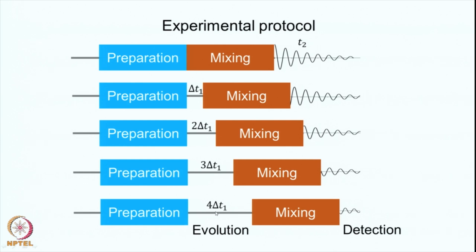Typically how many you collect depends on the spectral resolution you want in your spectrum. In the T2 period, in a 1D spectrum you collect something like 2048 points or 4096 or 8192, which is easy because this goes on for a short period of time, about a few hundred milliseconds. So, in a few hundred milliseconds all this data is collected.